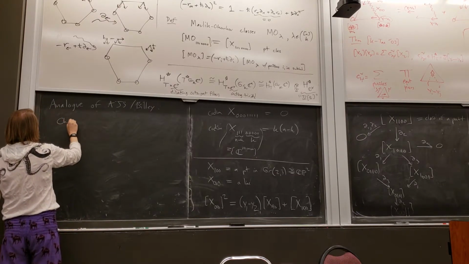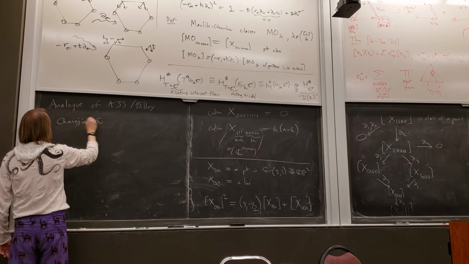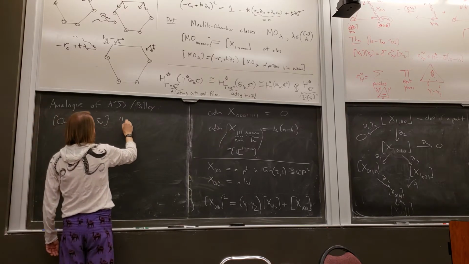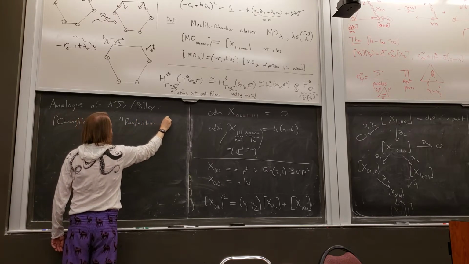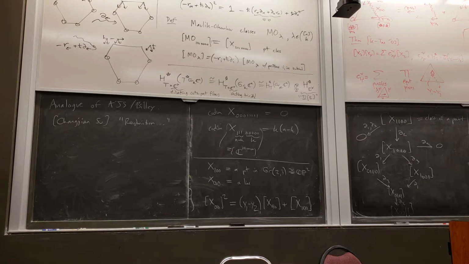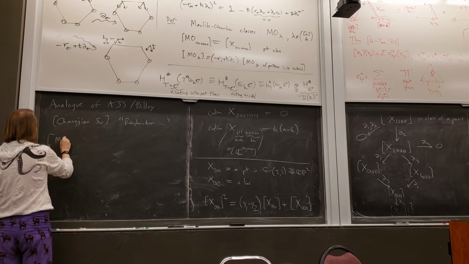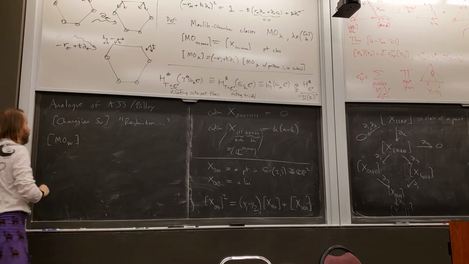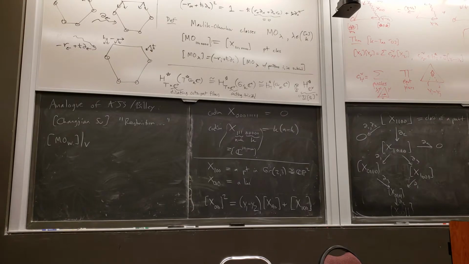It's due to Changjian Su, and it's called restriction of stable basis. So what do I want to do? I've got the stable basis element for some Weyl group element, and I want to restrict it to some other Weyl group element.